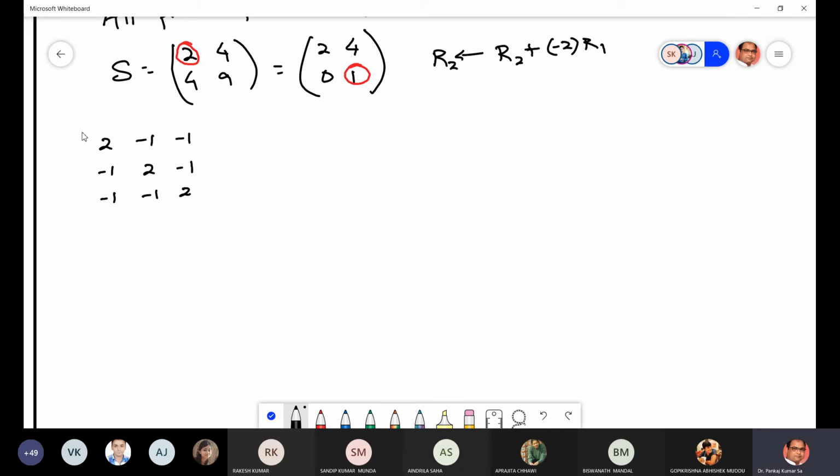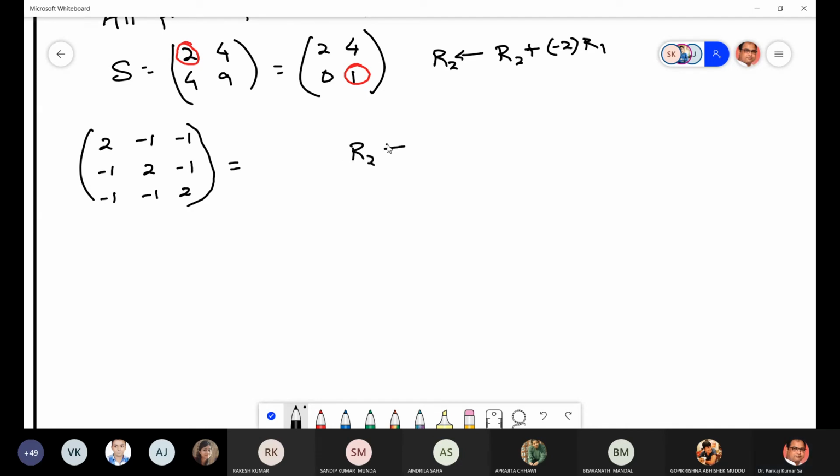So first things first, it has to be a symmetric one, and it is symmetric. So let us do some row operations.